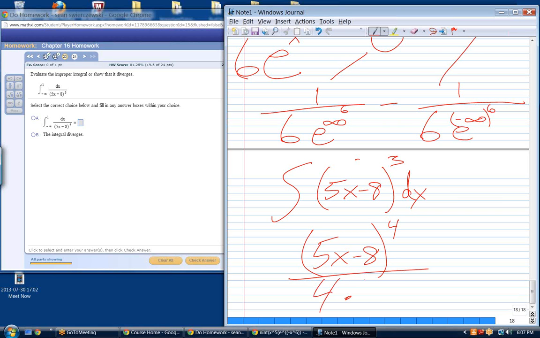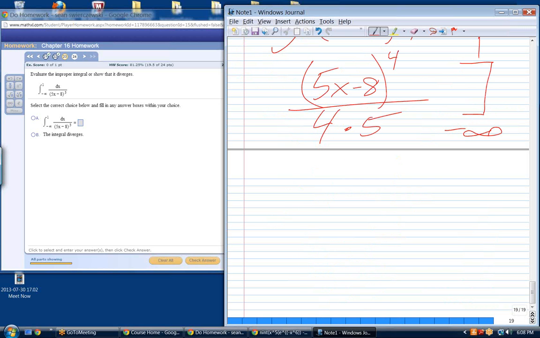Also divided by the derivative of the inside. Oh, that's right. Okay? So we want to evaluate that from negative infinity to 1. I think we can see what's going to happen already.